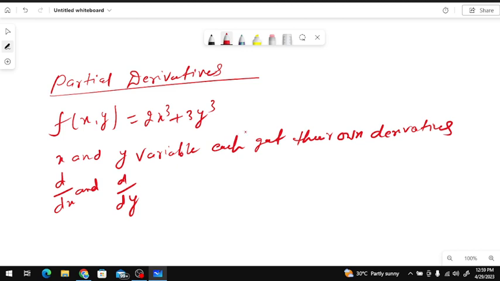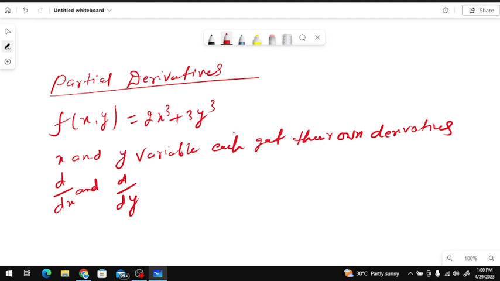These represent the slope values with respect to each variable on a multi-dimensional surface. This is also called, in a technical way, the gradient when dealing with multiple dimensions, and these are the derivatives with respect to x and y.